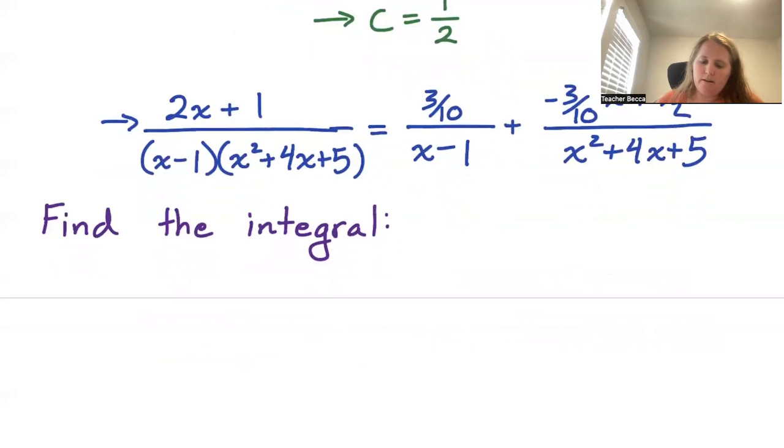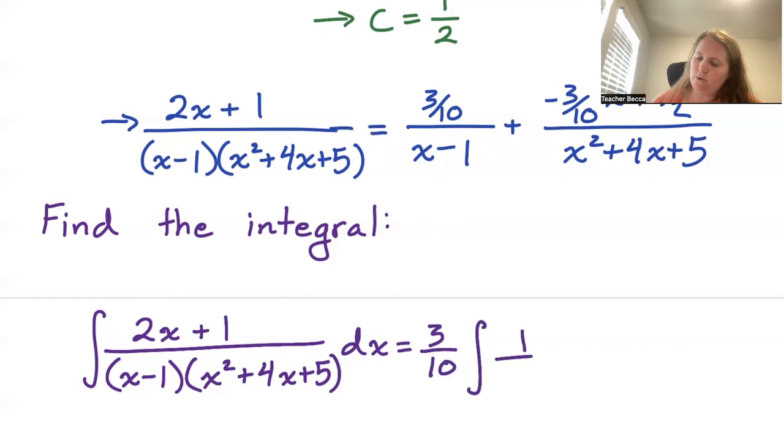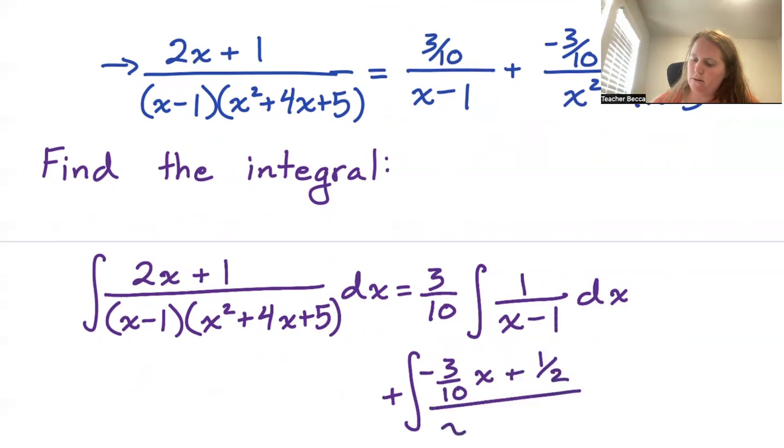We are looking at the integral of 2x plus 1 over x minus 1 times x squared plus 4x plus 5 dx, which is equal to 3/10 times the integral of 1 over x minus 1 dx plus the integral of negative 3/10 x plus 1/2 all over x squared plus 4x plus 5 dx.